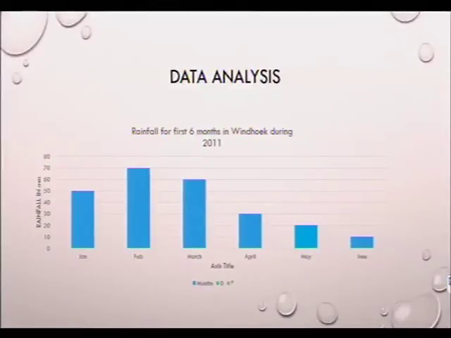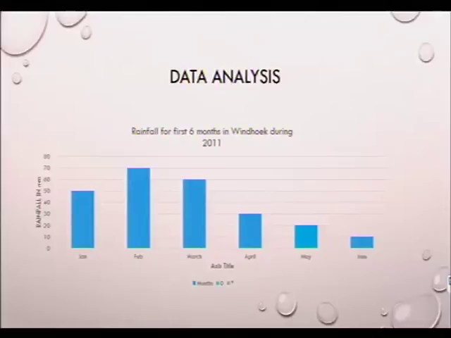On this graph, we have rainfall for the first 6 months in Windhoek during 2011. There I have my rainfall in millimeters. Now the questions, when it comes to data analysis, will be based on what we have in front of us.